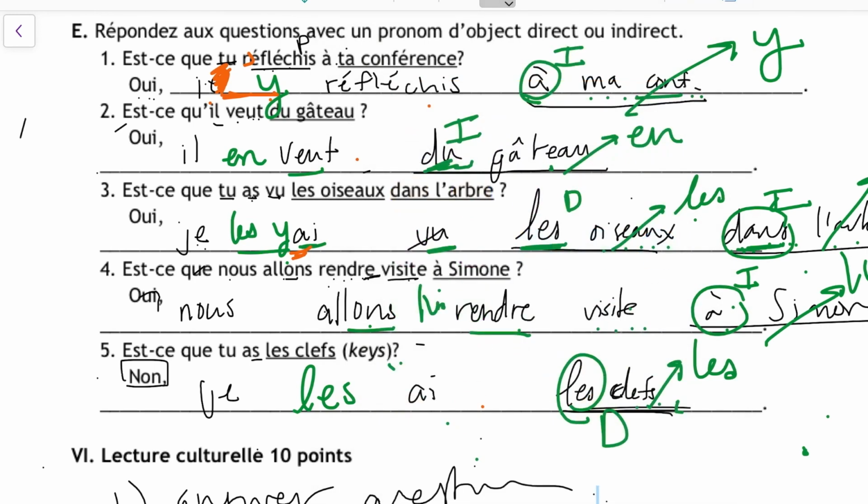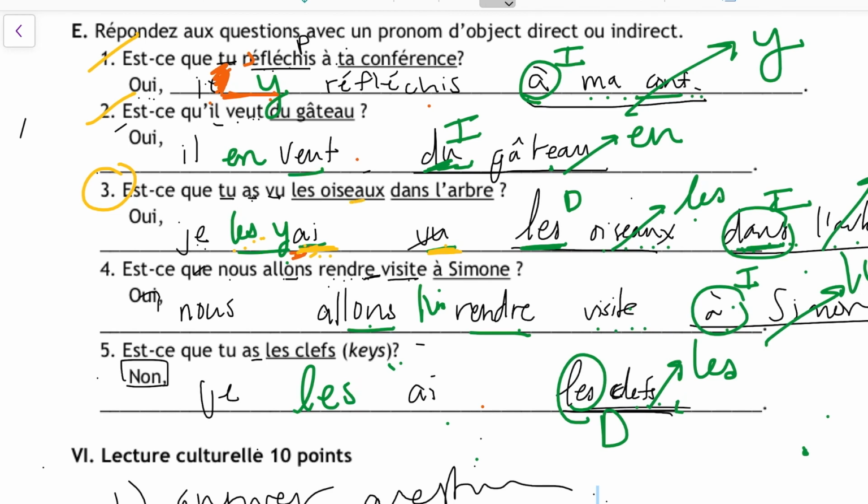Okay, now in terms of agreement. Remember that agreement only ever happens in the passé composé. This isn't passé composé. This isn't passé composé. This is passé composé, though. I've got avoir and I've got vu, so I know it's passé composé. I make agreement in passé composé with the subject when it's être, but I don't have être, I have avoir, or with the direct object pronoun when I have avoir.